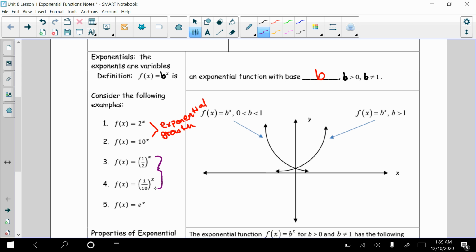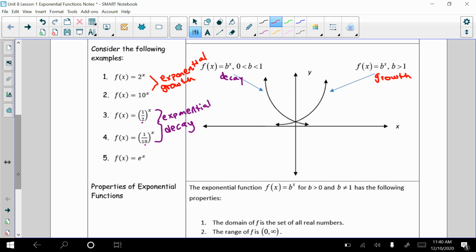And then anything in between 0 and 1 where your b is a fraction, you're going to have exponential decay. So this is your exponential decay, and this is your exponential growth.